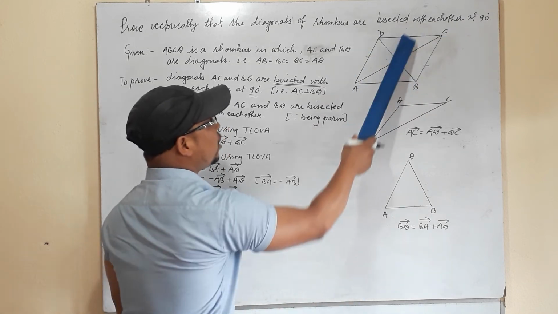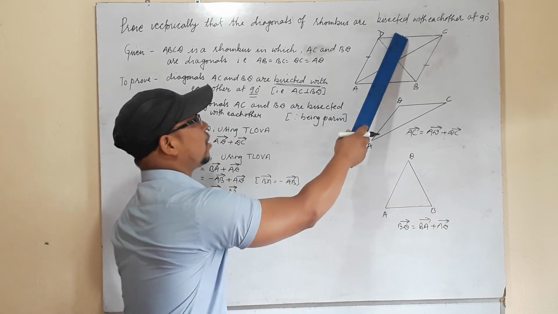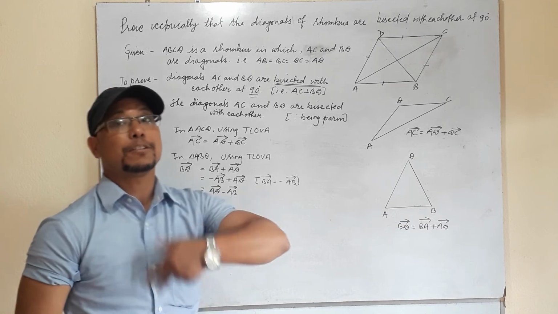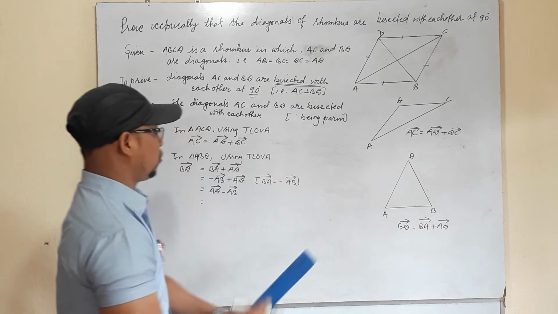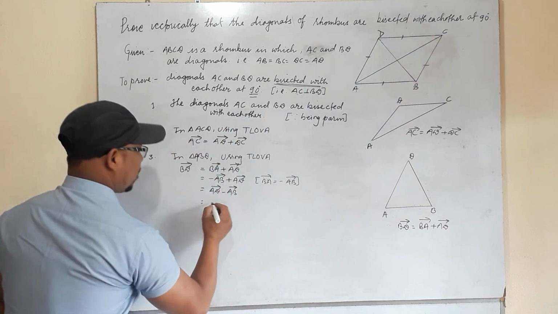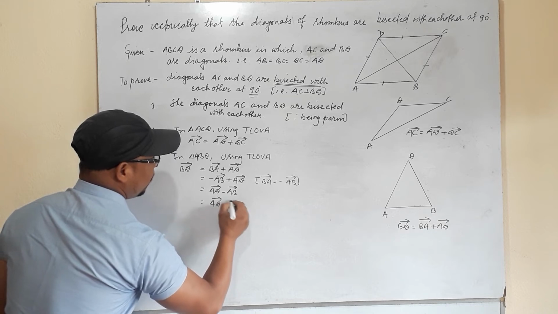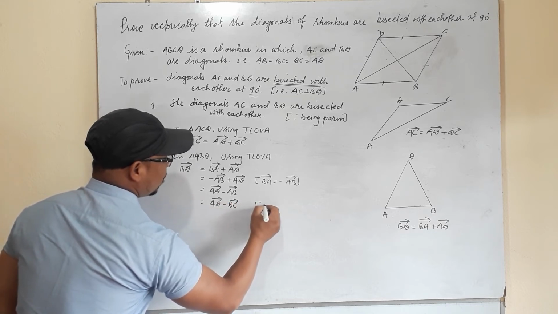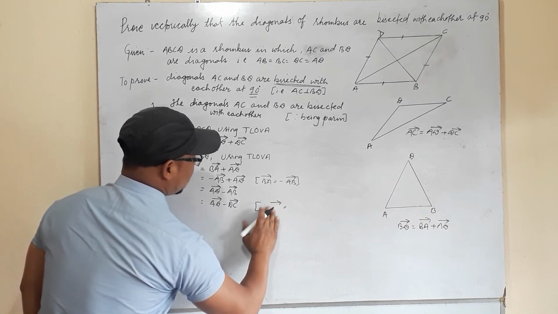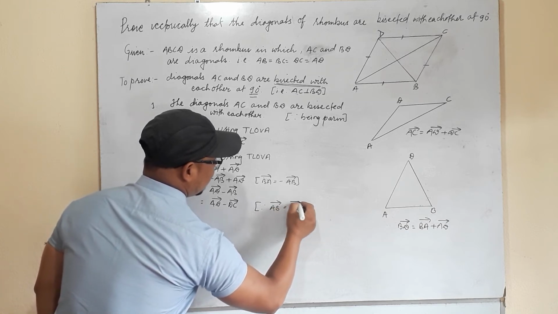They are equal in magnitude because this is a parallelogram, opposite sides are equal, and they are parallel also. If the vectors are equal and parallel, we can replace one vector by another. So this AB vector can be replaced by DC vector. So here is AD vector minus DC vector, because AB vector equals DC vector.